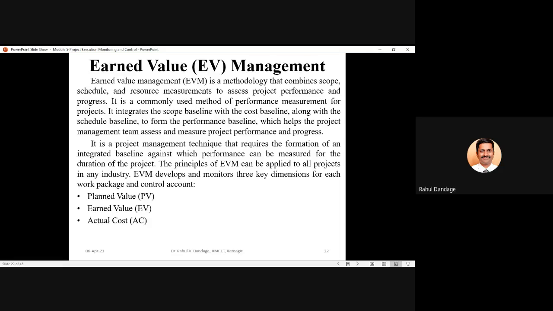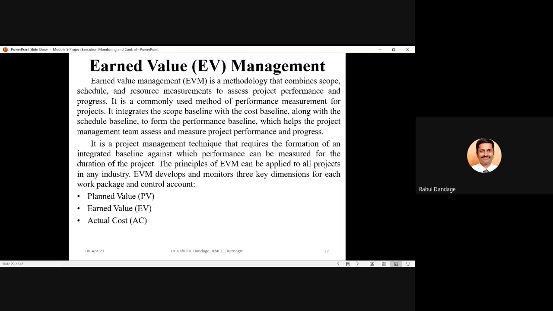The principles of EVM can be applied to all projects in any industry. There is no limitation that this technique is applicable only to certain specific kinds of projects or industries. These EVM techniques can be applied to any kind of project in any kind of industry.